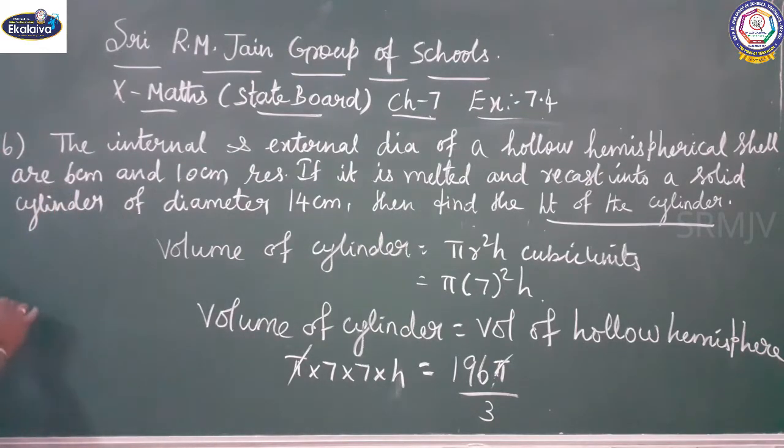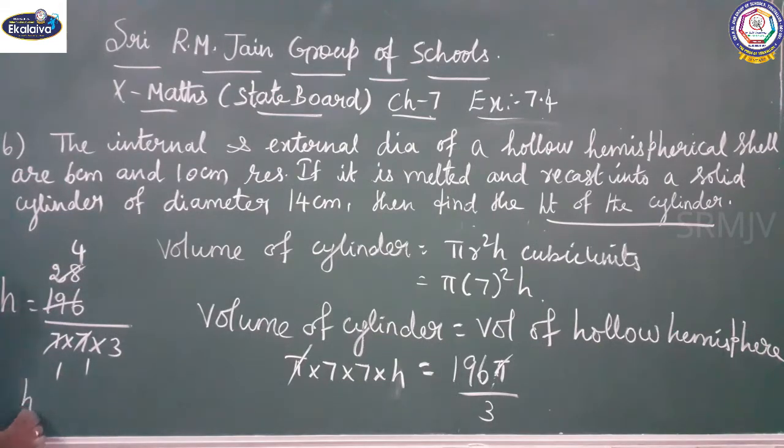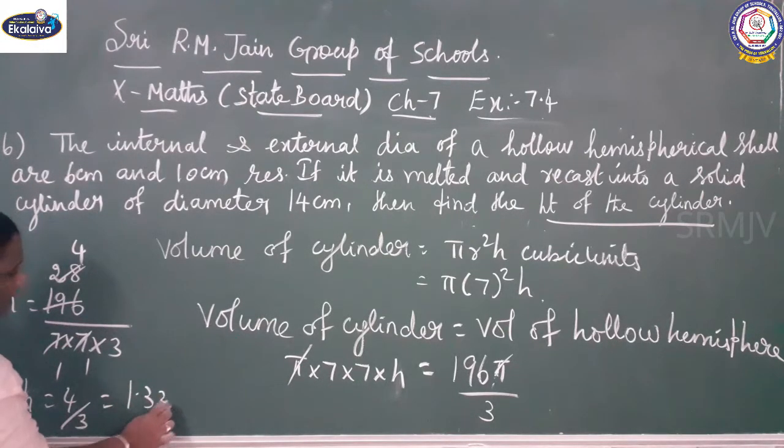See here, h equal to 196 by 7 into 7 into 3. 7 twos are 14, balance 5, 7 eights are 56, 7 fours are 28. h equal to 4 by 3. You divide 4 by 3. What is the value you are getting? 1.33.